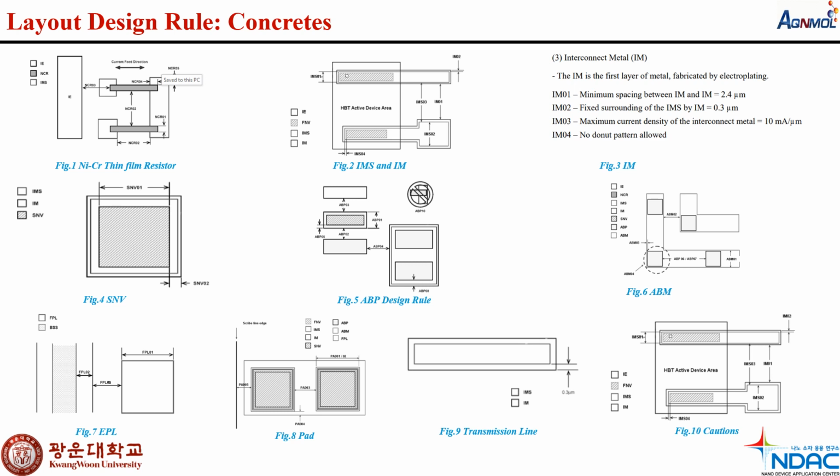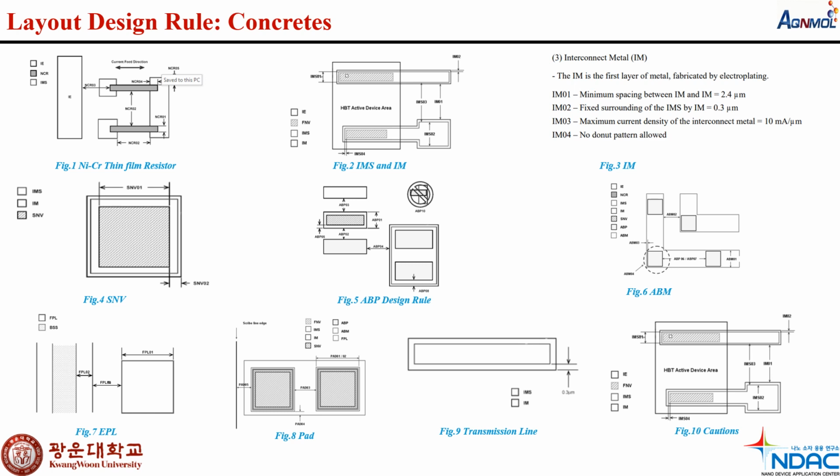The figure number 5 is called air bridge post, in short ABP. And figure number 6 illustrates the air bridge metal, in short ABM. This is the design for ABM. And figure number 7 is called FPL, the final passivation layer. This is the design for the final passivation layer.